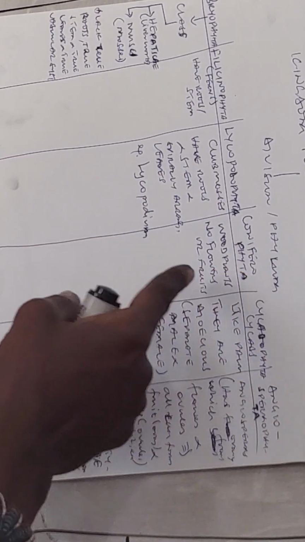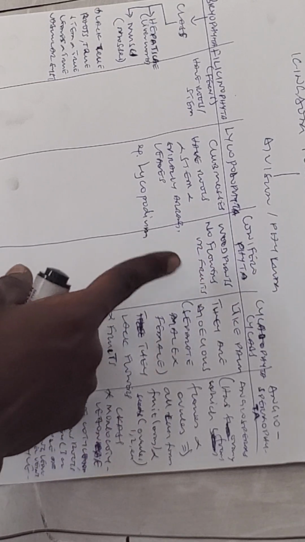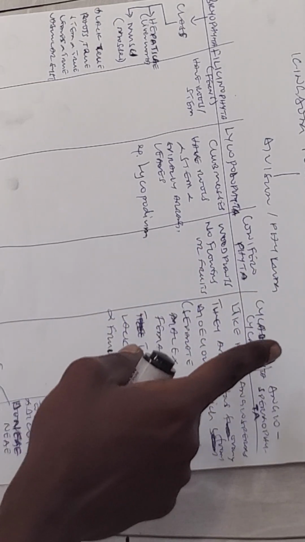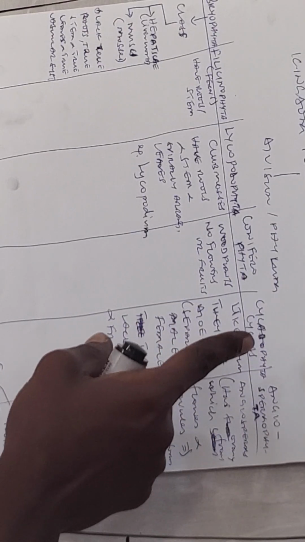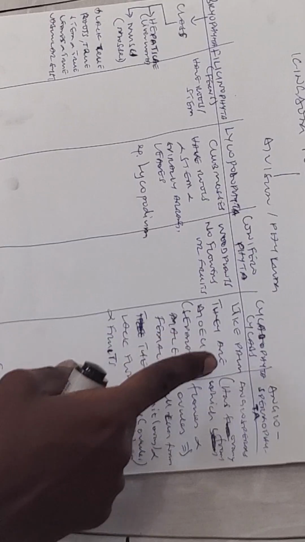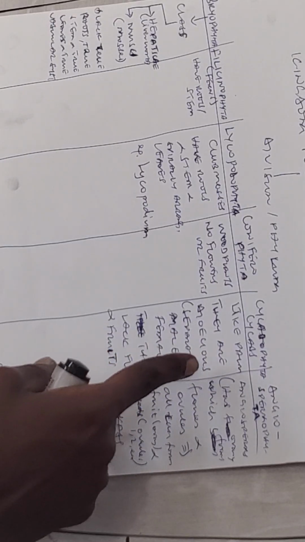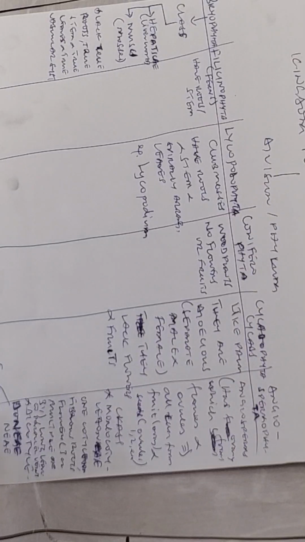Then Coniferophyta, the woody plants, okay. No flowers, woody plants, okay. No flowers or fruits, okay. Then we have the Cycadophyta, or the cycads, okay. Like what? They are dioecious, okay. That means separate male and female, okay, right?